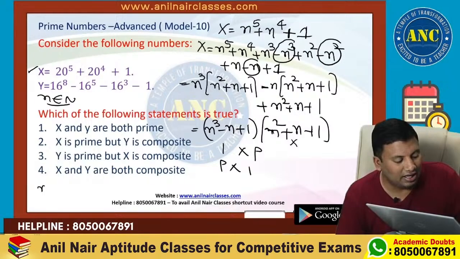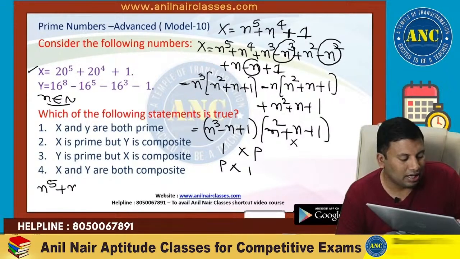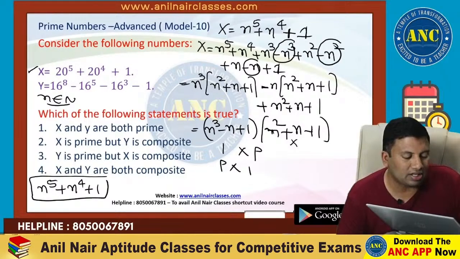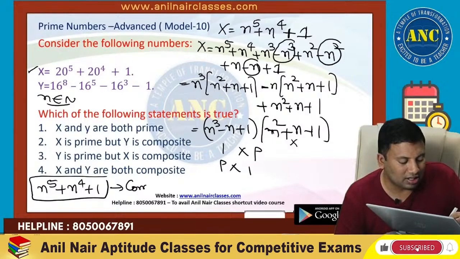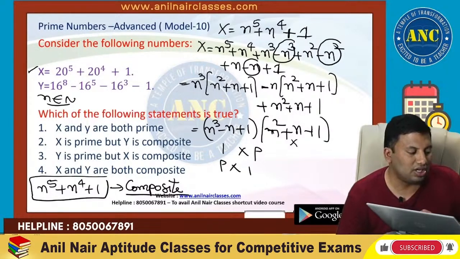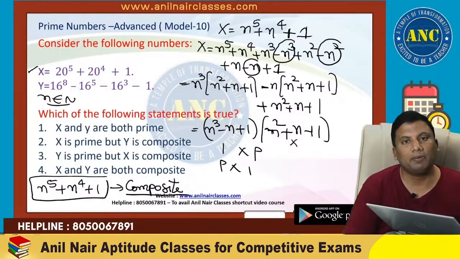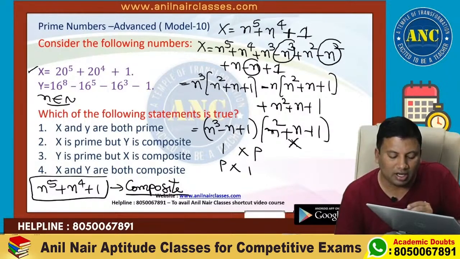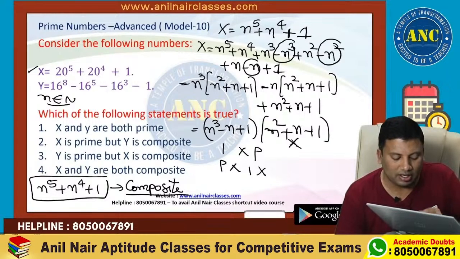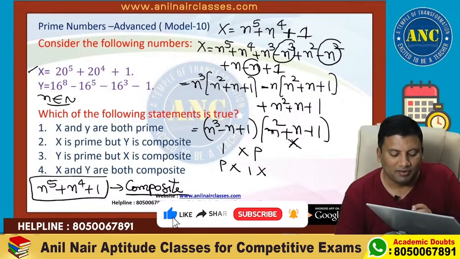Very, very important concept. Any number which is of the form n power 5 plus n power 4 plus 1 is a composite number. Neither factor can take the value 1, because how can I get 1 from 1 plus positive?